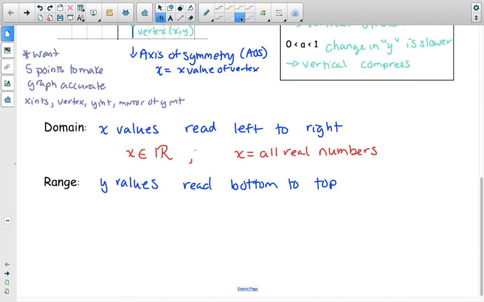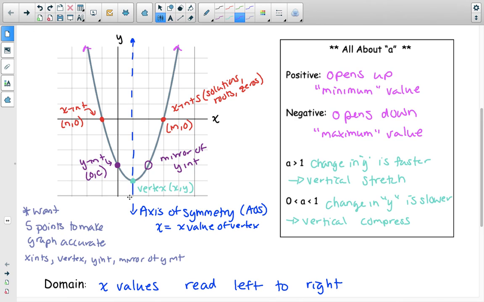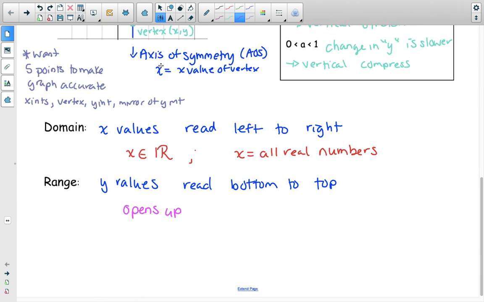So if the graph opens up, just like what we have up here, then we're going to have a minimum y value, and everything above it is going to hit. So that's the y value of your vertex. If it opens up, we're going to write that our range is y is greater than or equal to whatever the y value of the vertex is, because that is your minimum value.